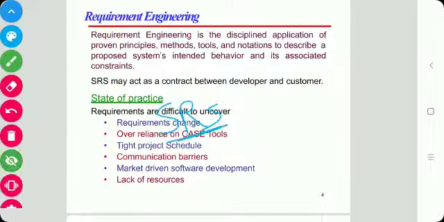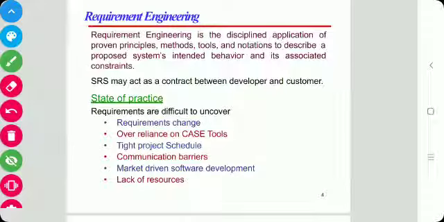As we know, requirement engineering is the crucial step, and it is most necessary for the success of the project. But most of the time, we cannot improve the quality of the software. So what is the reason behind that?